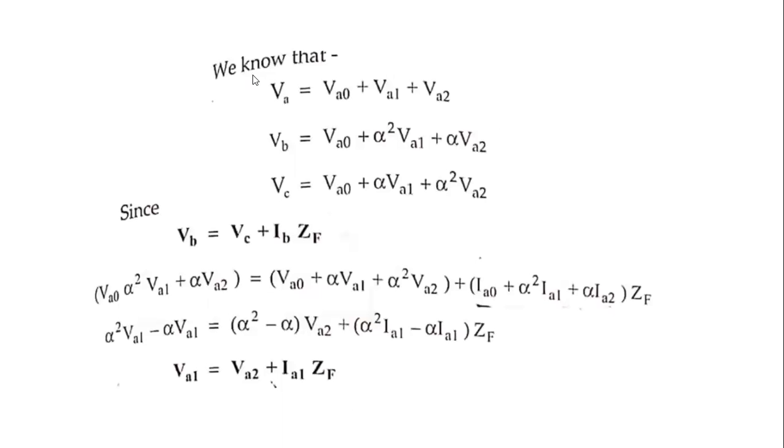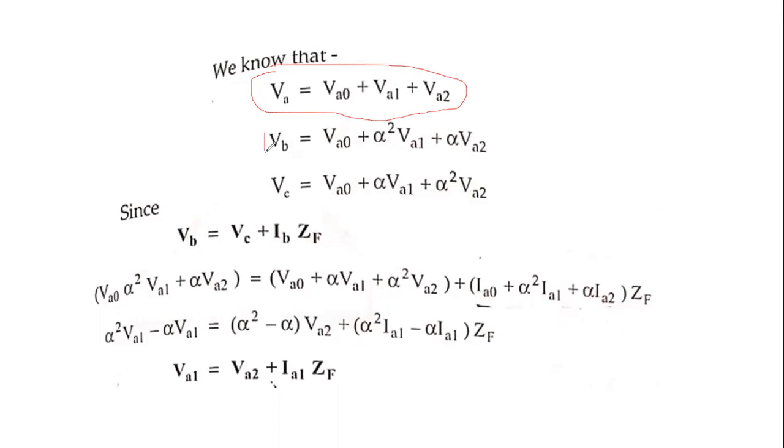Then we calculate the voltages VA, VB, VC. First, we write down the voltage formulas. VA is equal to VA naught plus VA1 plus VA2. VB is equal to VA naught plus alpha square VA1 plus alpha VA2.